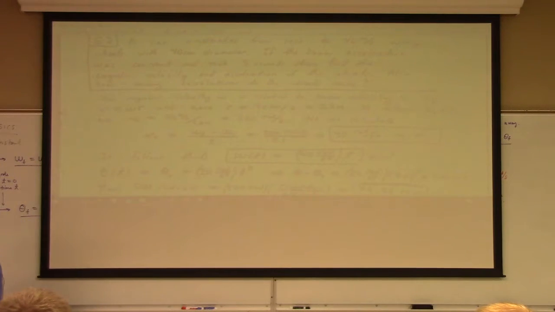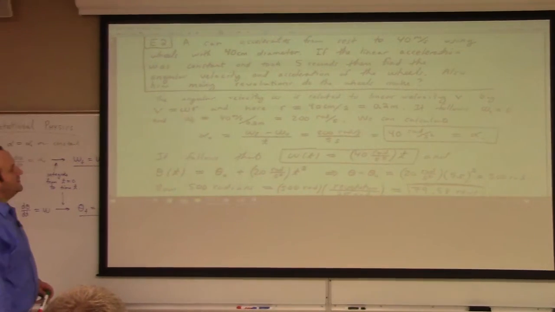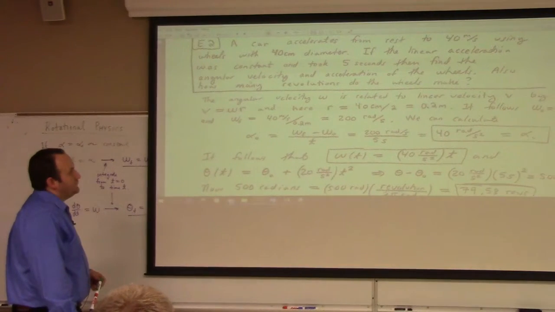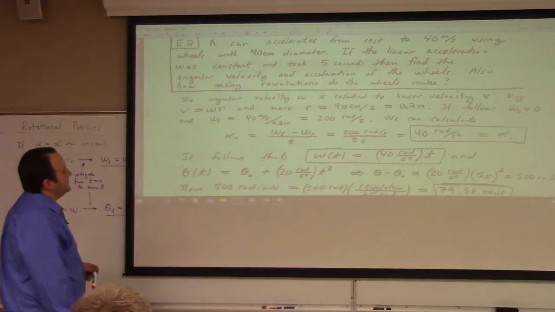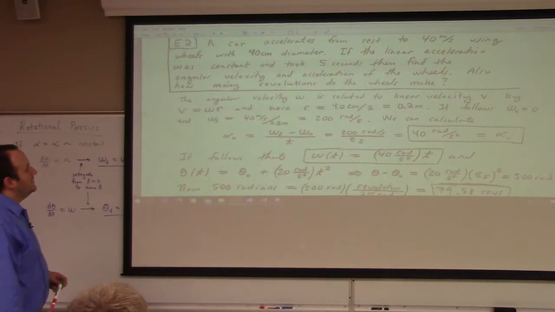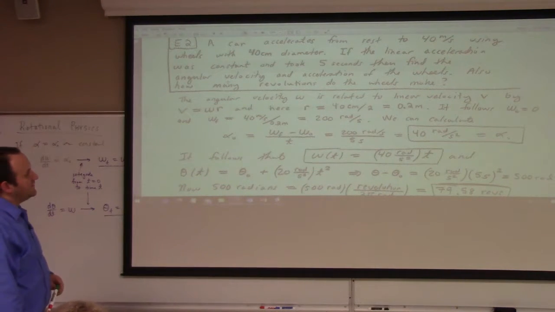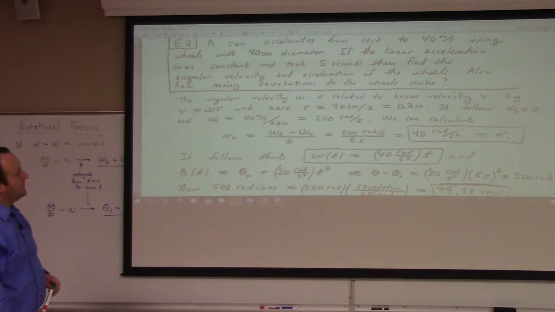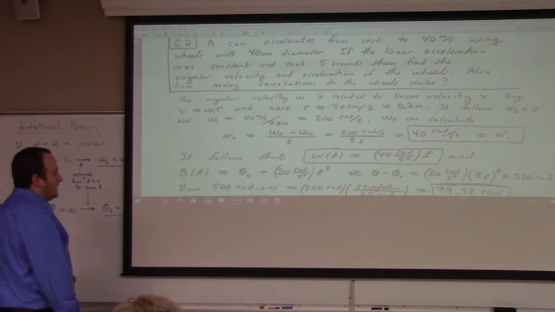Thank you. So here we have a car that accelerates from rest to 40 meters per second using wheels with a 40 centimeter diameter. If the linear acceleration was constant and took 5 seconds, then find the angular velocity and acceleration of the wheels. How many revolutions do the wheels make?